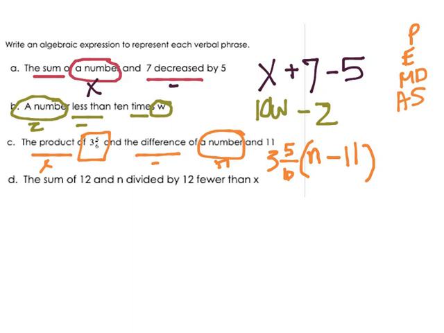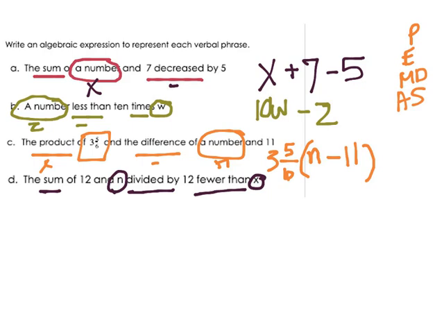And finally, let's look at part D. The sum of 12 and n, so it gives us this variable, divided by 12 fewer than x. Okay, this one's a doozy. There's lots in there, but this is why we mark up our text. So the sum indicates we're going to be doing addition.